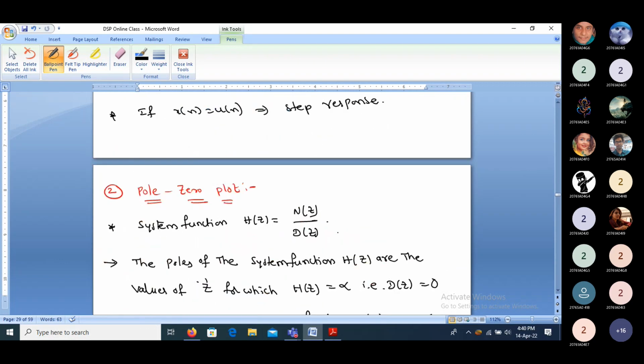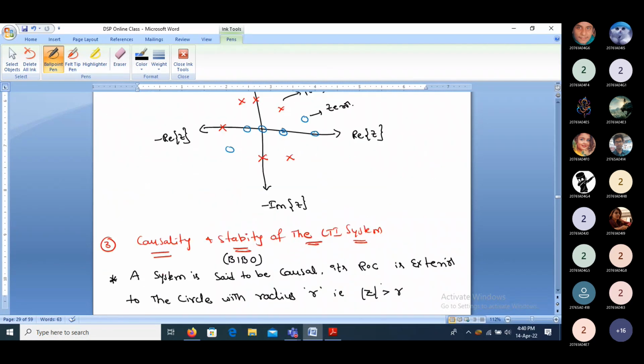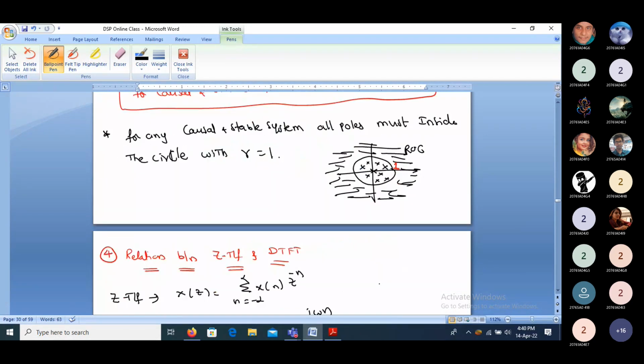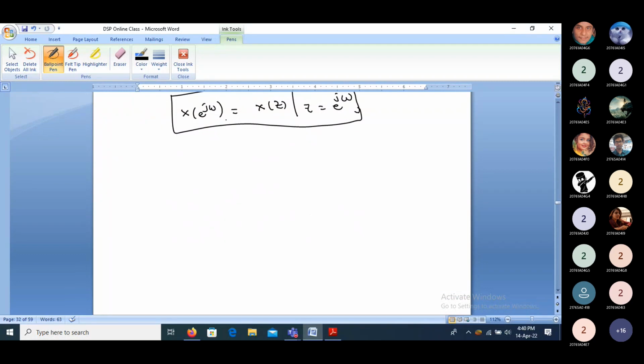By the concept, the denominator D of z equal to 0 gives the values of the poles. If the numerator N of z is equal to 0, we obtain the values of the zeros. After the pole and zero locations on the z plane, based on that we decide whether the system is causal and stable, or only causal, or only stable. This is the concept. Okay, so you can take an example problem here.